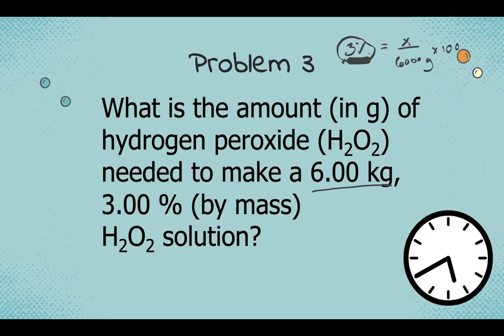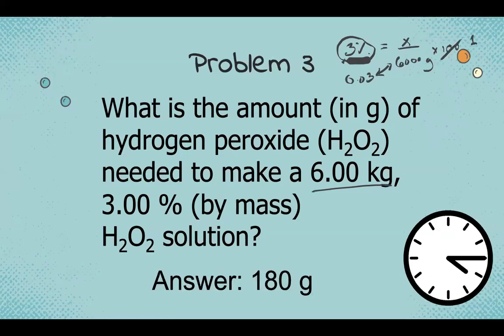So in decimal, 3% is 0.03 and 100% is equivalent to 1. So you just have to cancel that out. And then cross multiply 6,000 into 0.03. And our answer should be 180 grams. So remember, if you would like in your calculator to use the percentage, on the other side, it should also have a percentage on 100.